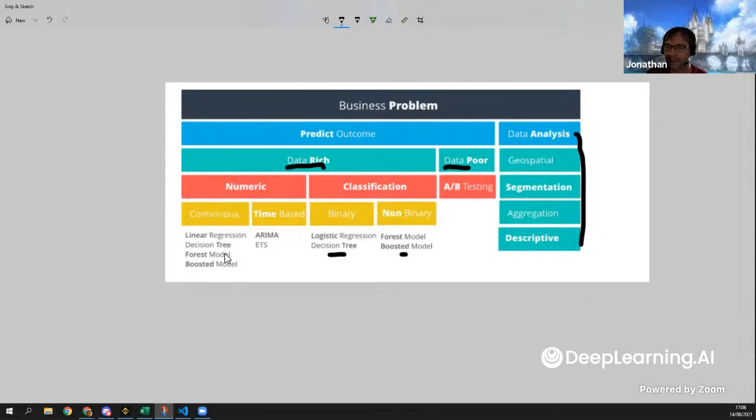Depending on that, here are some suggested models we can look at. And what Tom also mentioned is that the only thing missing from here is the visualization along the way. Just visualize and tell that story as you're going.